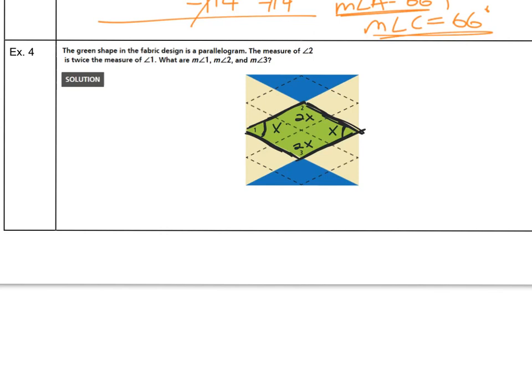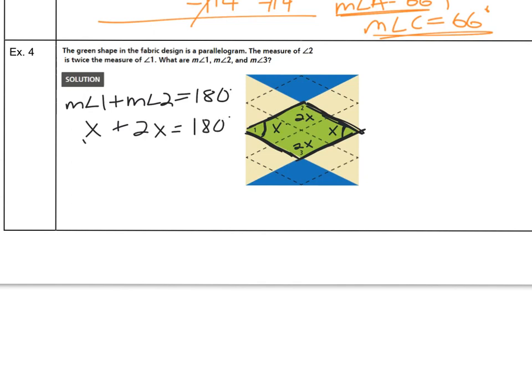So we know that all four angles should add up to 360 degrees, or side by side, any two angles add up to 180. So if we take the measure of angle 1 plus the measure of angle 2, those are consecutive angles, they add up to 180 degrees. That would be x plus 2x.